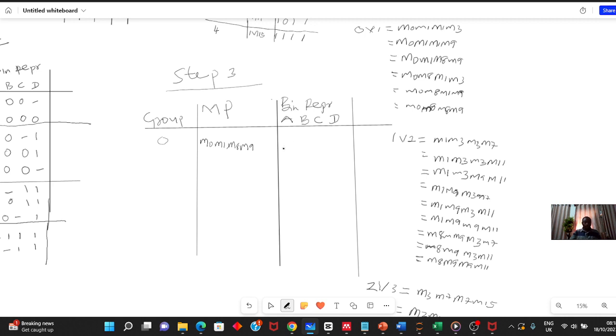And then the binary combination is dash 0 0 dash.